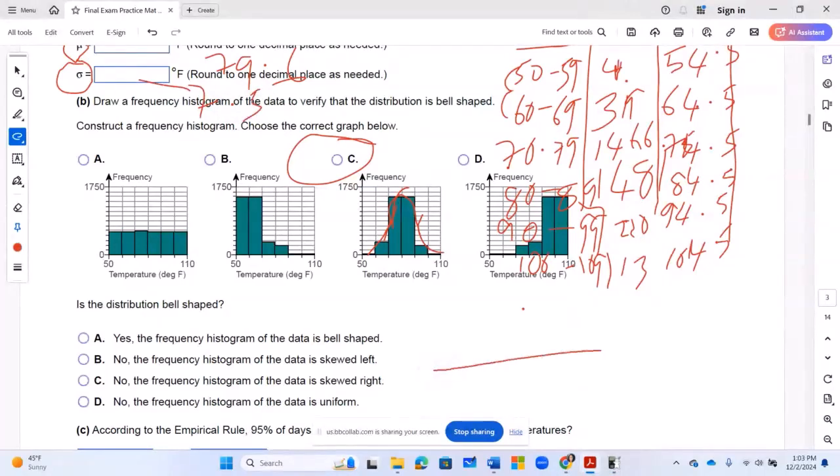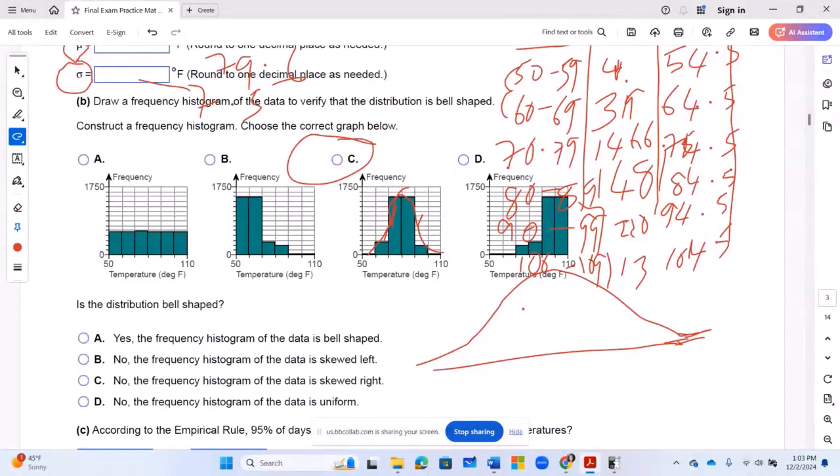For me to show that I understand the question, I can just draw a bell curve. If they're asking me a question about the empirical rule, they assume that the data is normally distributed. That's what it means, even though we can see from the mean and median that it's not exactly normally distributed.